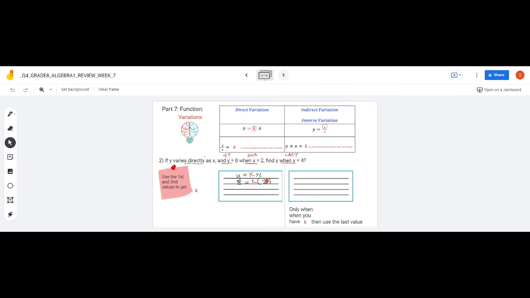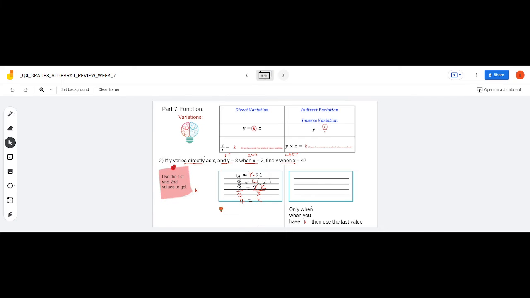And now keep the 8 on the left hand side, multiply the k with the 2, we have 2k. Divide both sides by 2, the 2's cancel out. On the right hand side I just have k and on the left hand side 8 divided by 2, that will be 4.